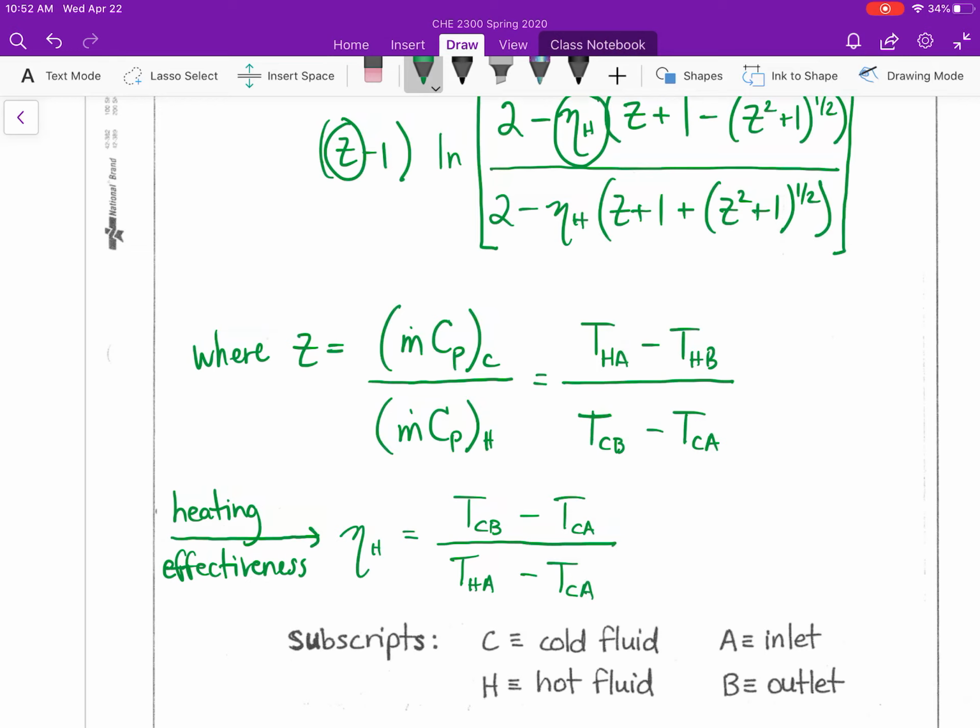And so what this heating effectiveness term describes is the actual temperature rise of our cold stream divided by the maximum possible rise.